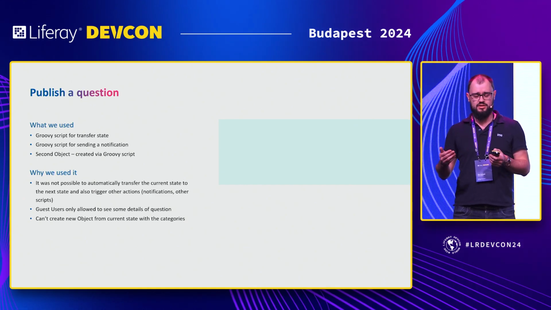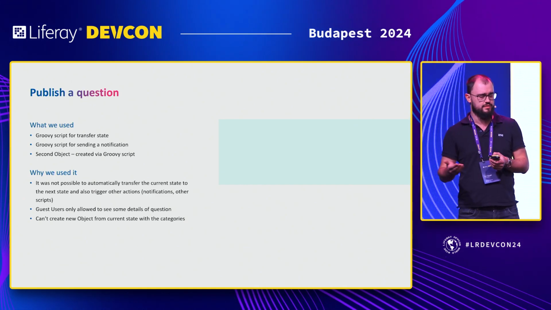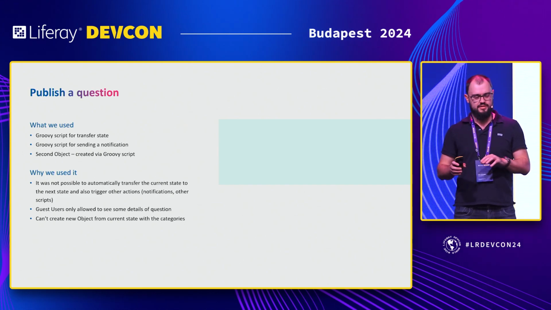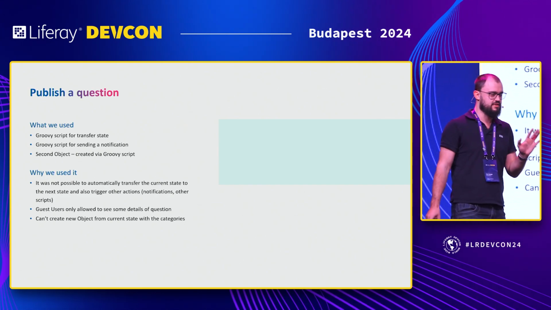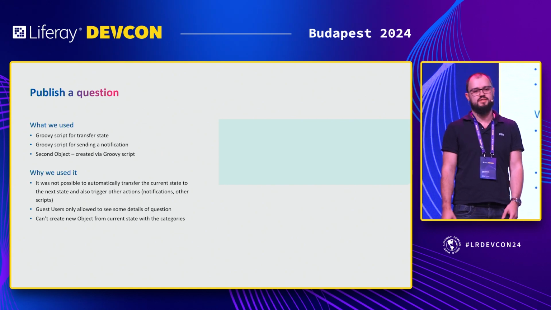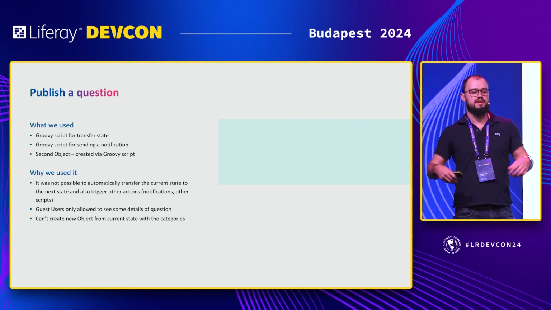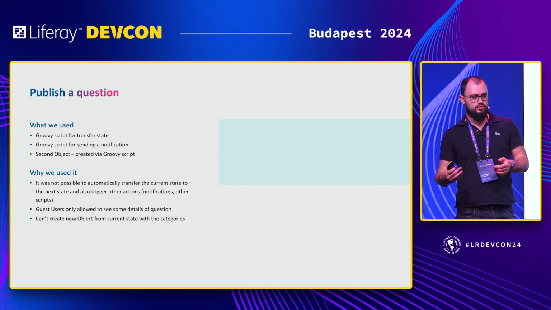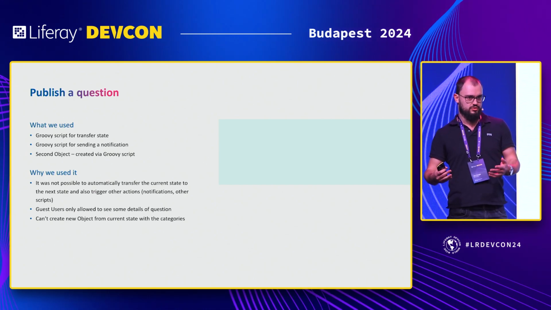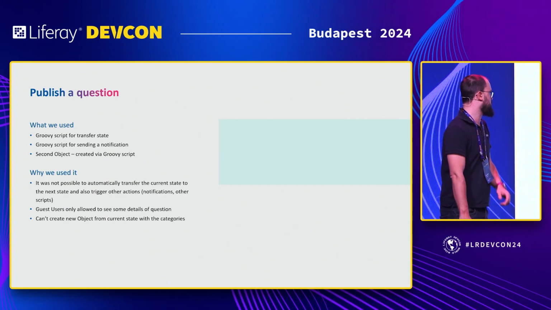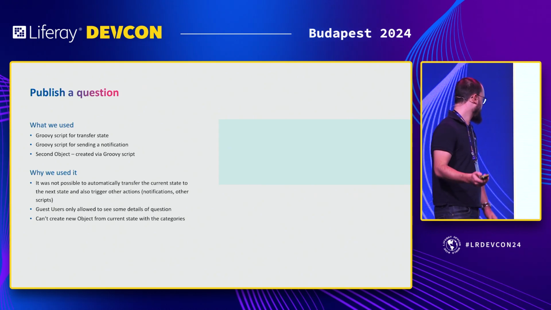We wanted to use the add object action from Liferay. It works fine, 90% fine, but what we are missing was the categories. So there's currently no possibility to give the categories you selected for the one object to the other object as well, and that's why we also use a Groovy script for this one.